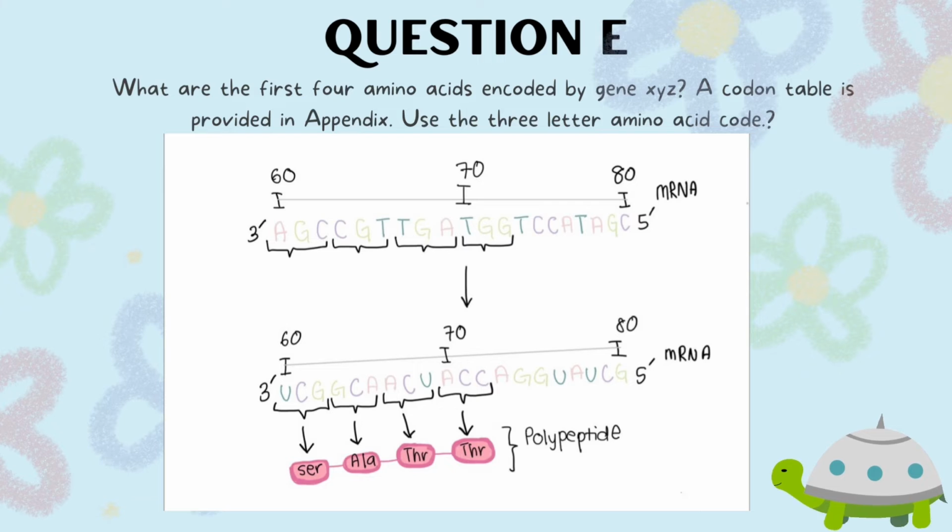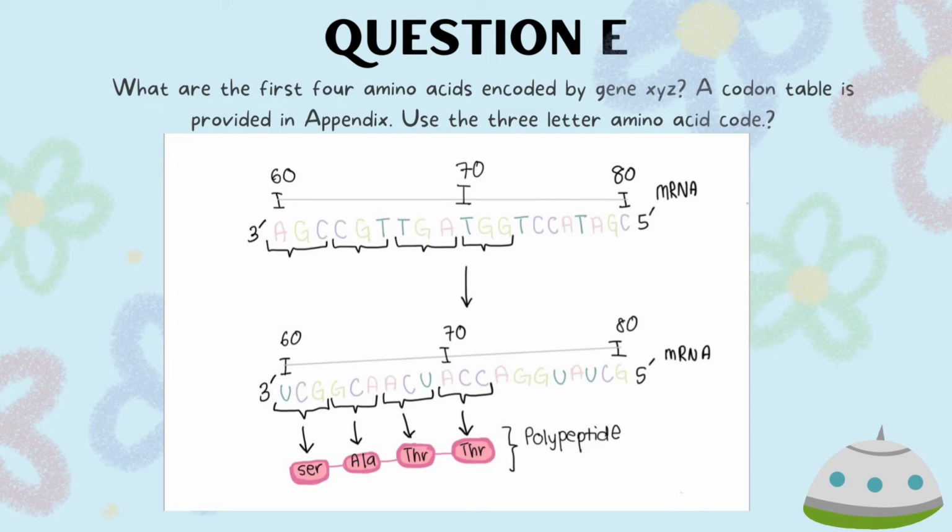So this is the template strand that has not undergone transcription yet. As the transcription starts at position 60, which is here, we read the bases from 3' to 5' on the template strand of DNA.